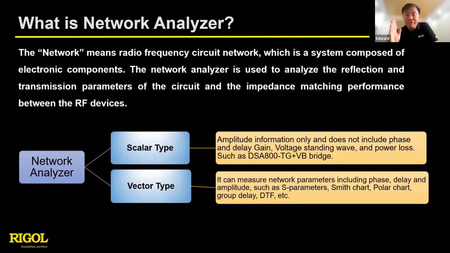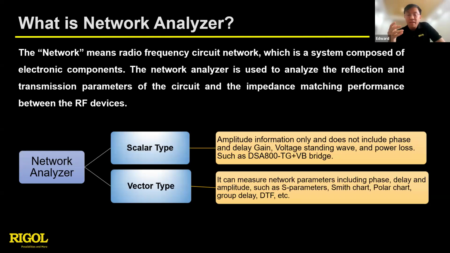So there is no phase or vector type of parameters to be analyzed for further discussions, like the group delay or phase delay. So the scalar type just measures the transmission loss or the reflection fractions of the powers, okay?